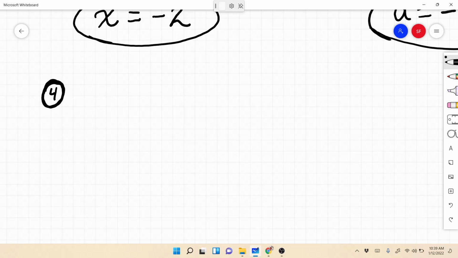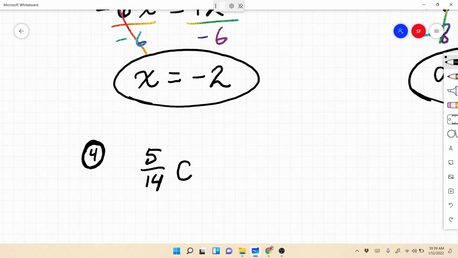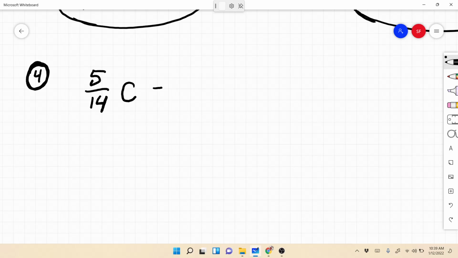All right, let me see if I can come up with something better looking. Let's do 5/14 times C equals, let's say 7.